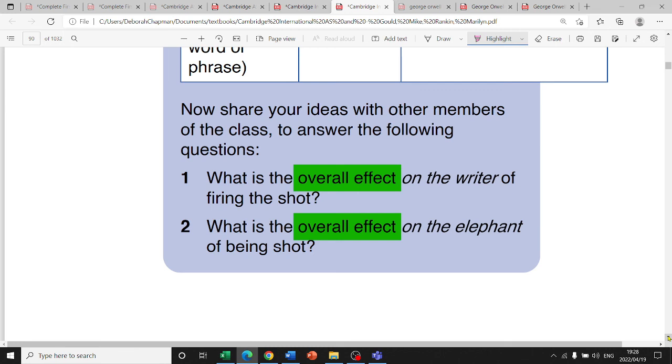And then also think about the overall effect of the elephant being shot. Okay? And no, it's not bad. If the elephant doesn't feel bad and the writer doesn't feel bad, I want you to think of what the overall effect is on the writer.